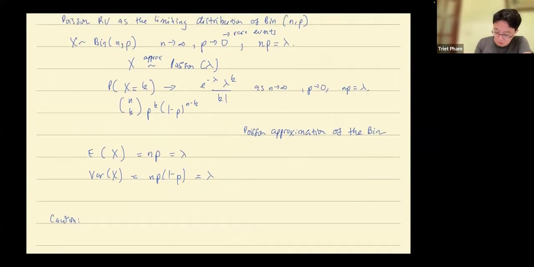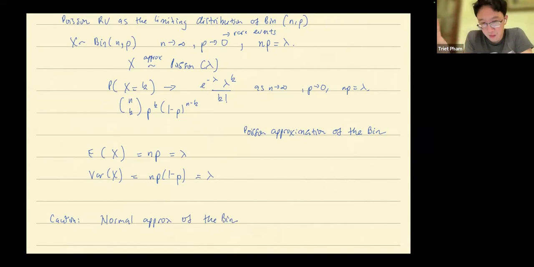Now, obviously, you should have heard of something called the normal approximation of the binomial. And this should make you wonder if they're the same thing, or if they're different.